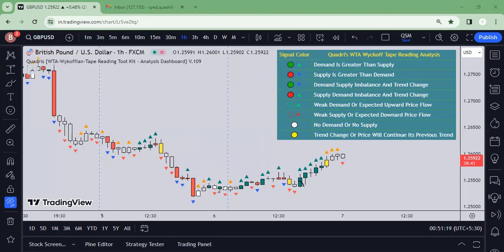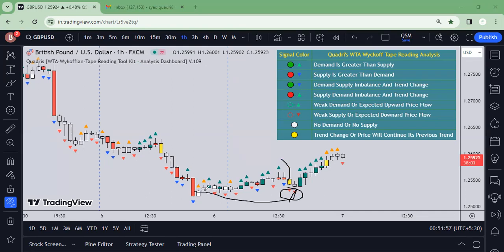It works on any smart money concept, ICT. It will enhance your trades when it comes to understanding where the market is going to go. We are testing this particular level. For example, this was a supply, and in the same area, we are observing a trend change kind of bar, followed by a weak supply.